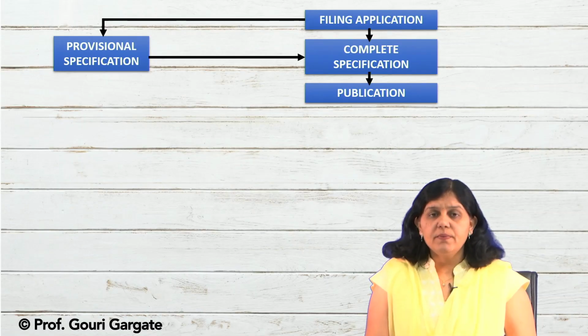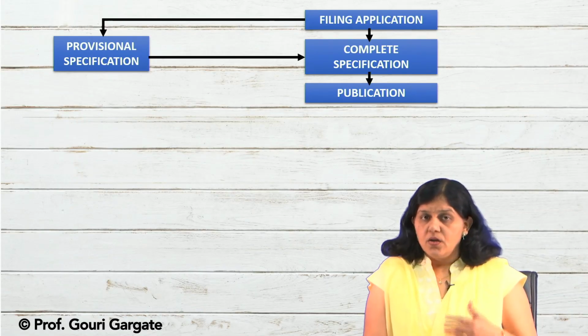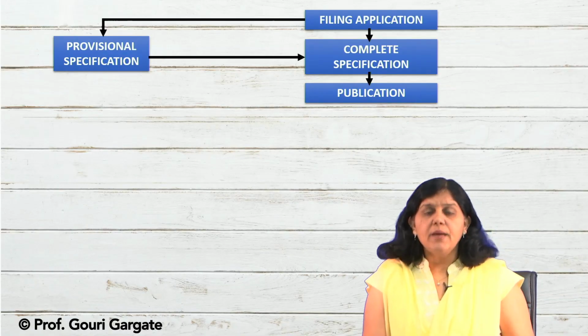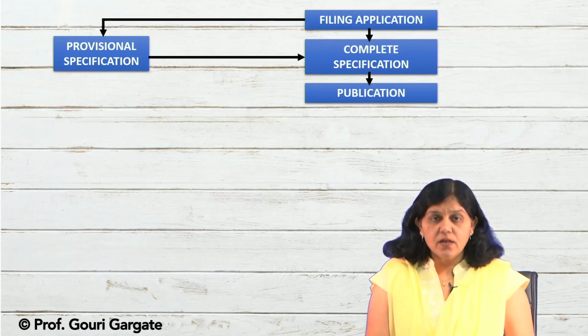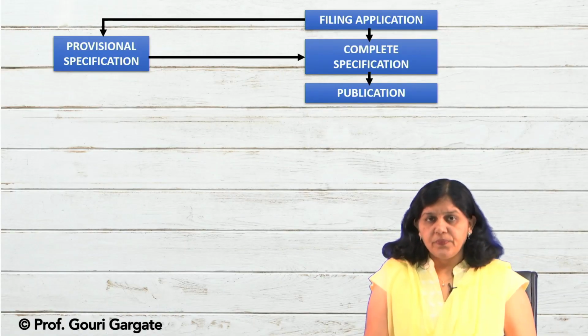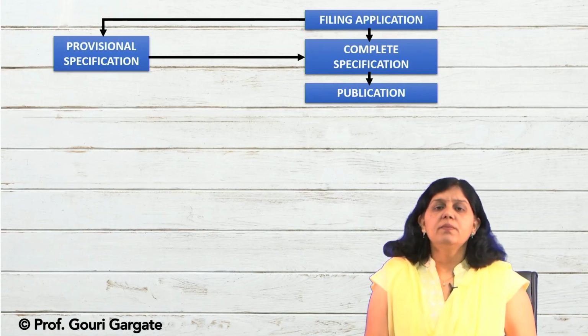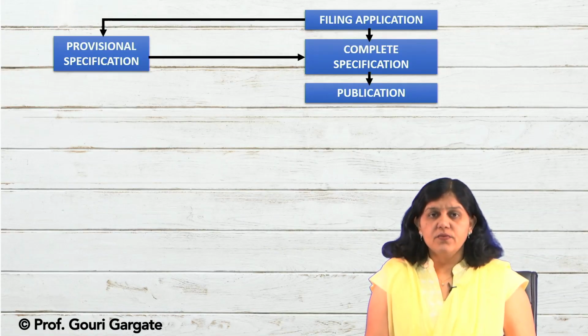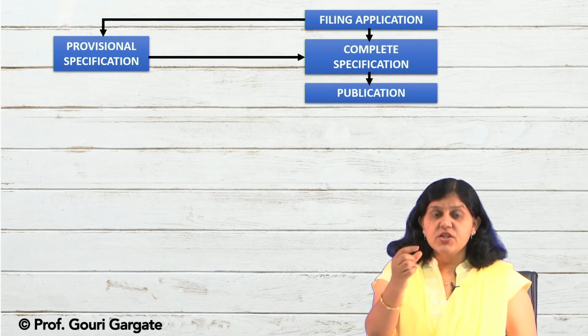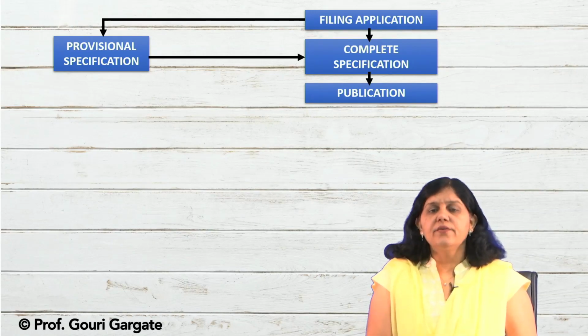Where will it be published? It will be published in the official gazette. You can see this official gazette on the IP India site; you can check the publication. You can check the title as Publication, and if you click on that you can visit the gazette, or you can see the title as Journal.